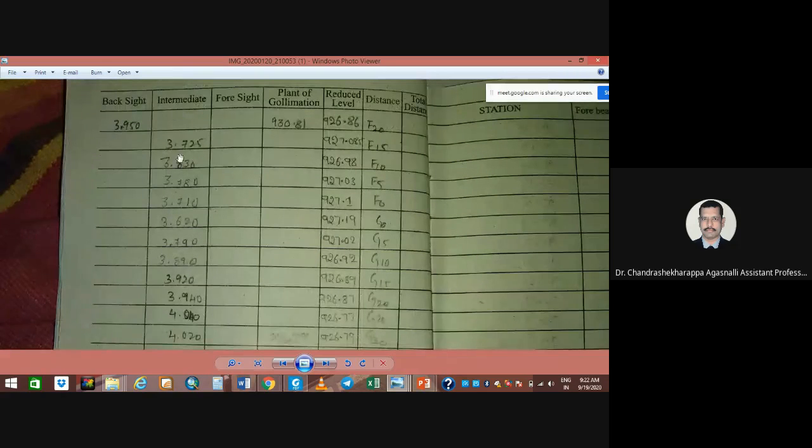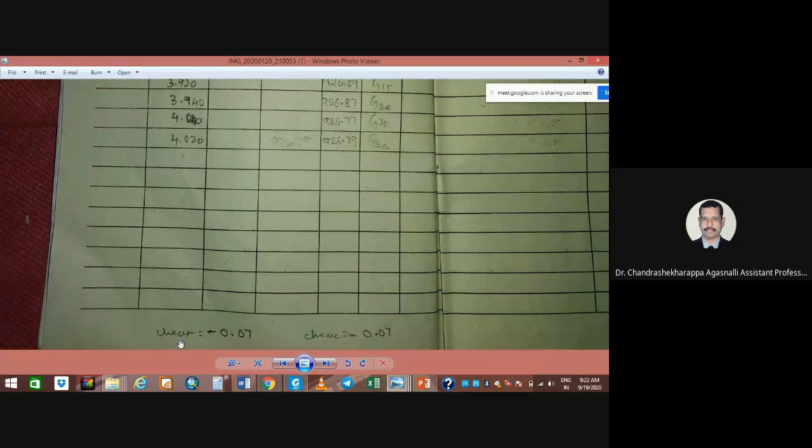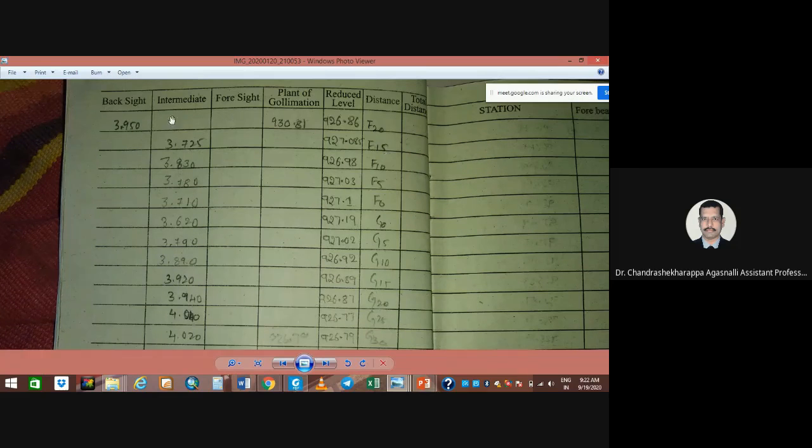Backside reading, intermediate reading. For each page you have to make this. This is how to maintain the record: backside, intermediate, foresight, plant of elevations, reduced level, distance, and total distance. So this is how we need to maintain the books.